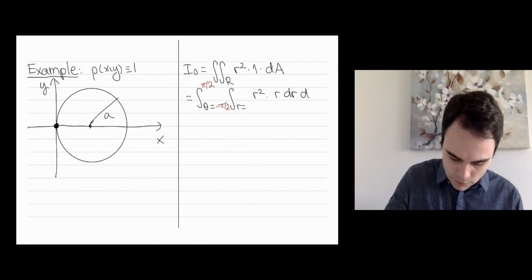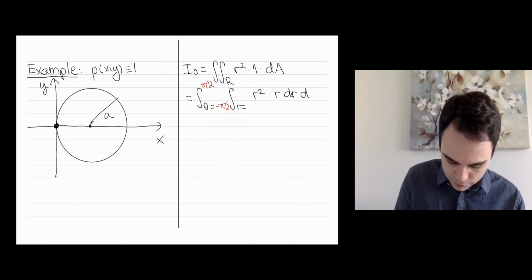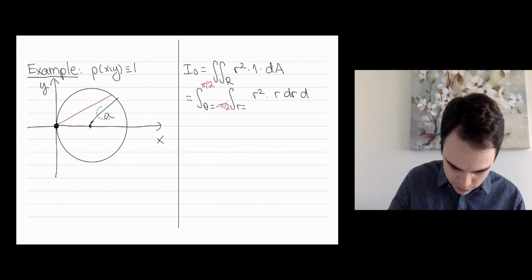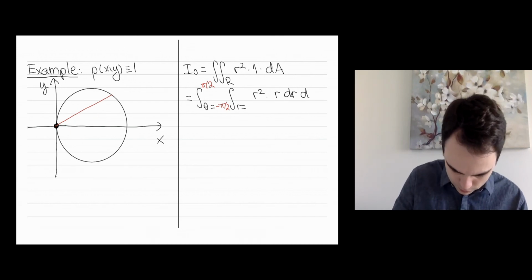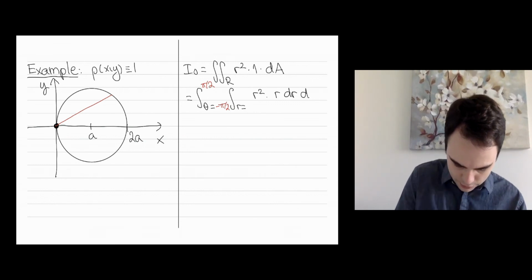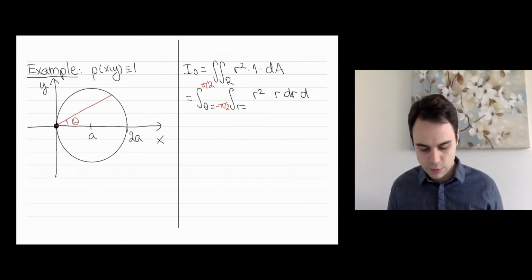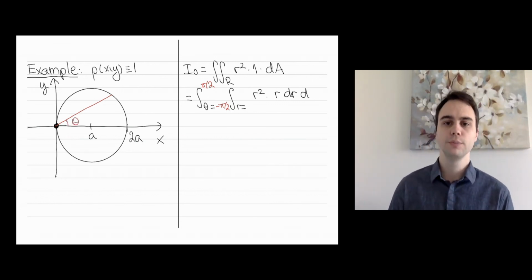Okay, now let's fix an intermediate value of theta, maybe this one. This is A, this is 2A. Now I fixed an intermediate value of theta between minus pi over 2 and pi over 2.